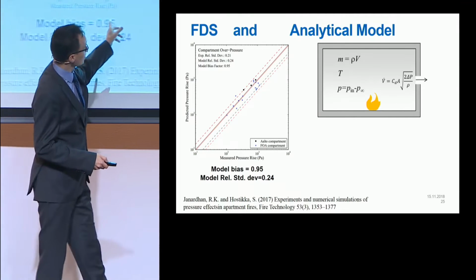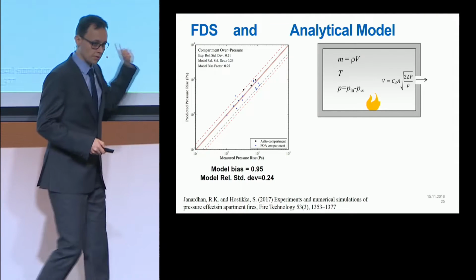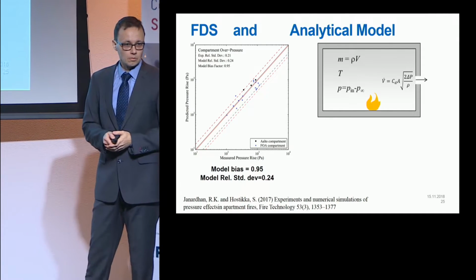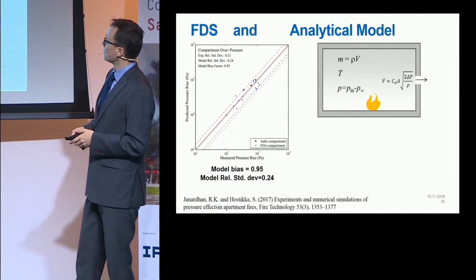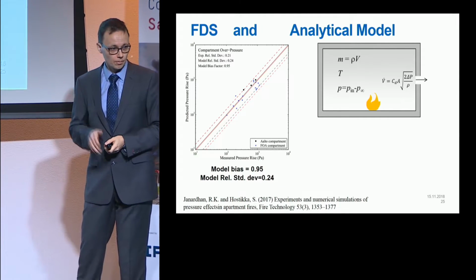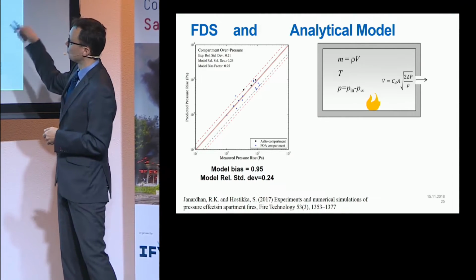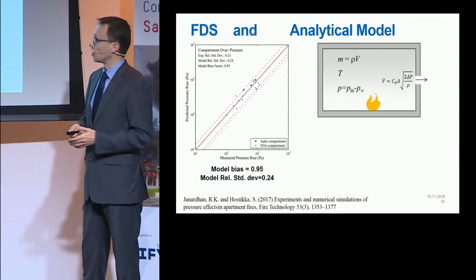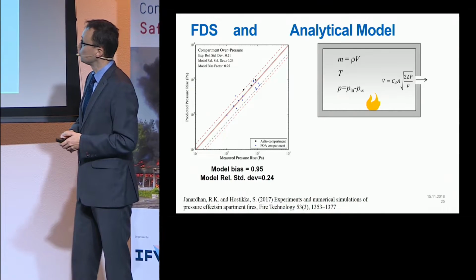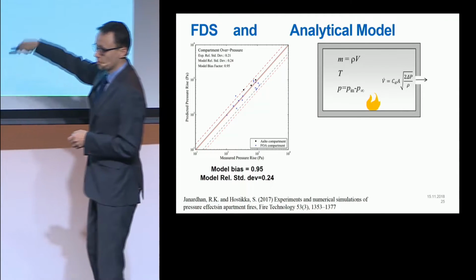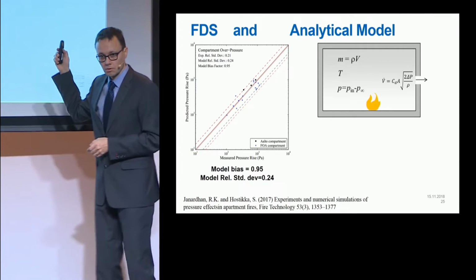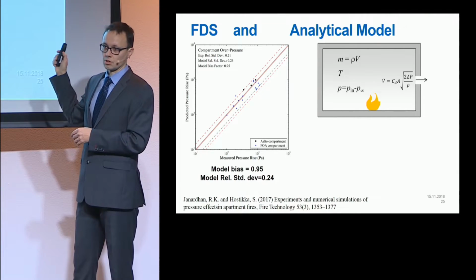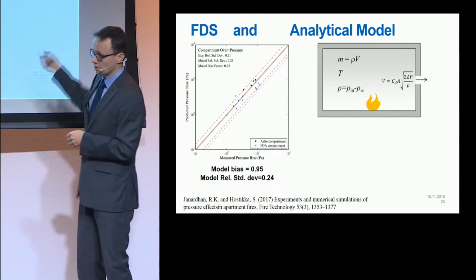Then, FDS calculations were pretty time consuming for doing a really wide-range sensitivity study. Therefore, we made another simple model, which simply assumes that we have a homogeneous gas phase and we have leakage through the envelope. Using the FDS models for the thermal environment, we can make a simple analytical equation that tells how the pressure is going to develop if we change the leakage.